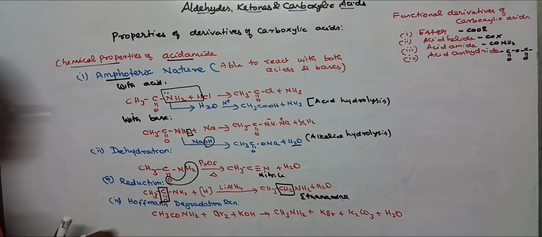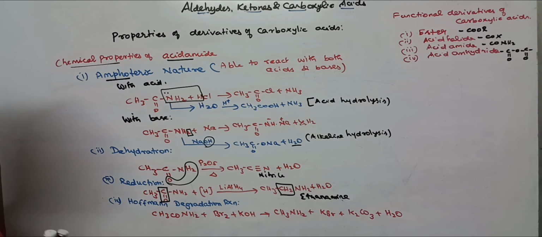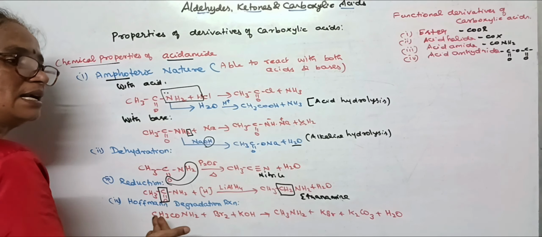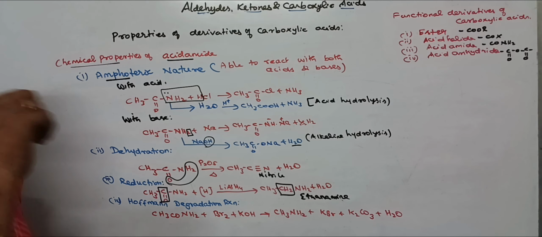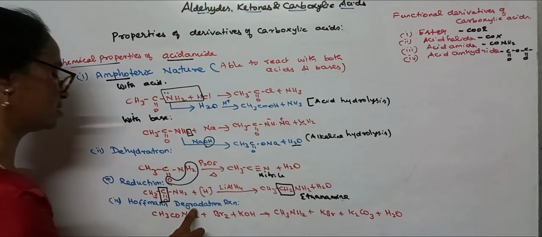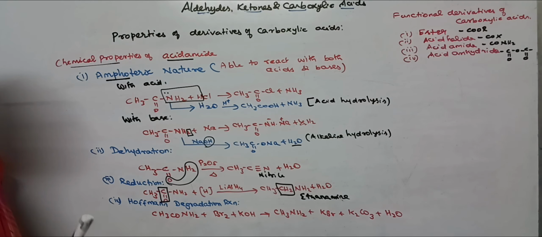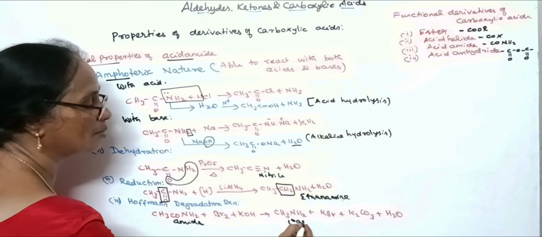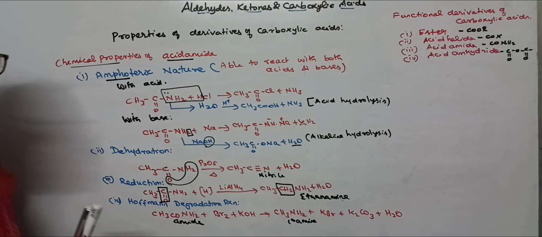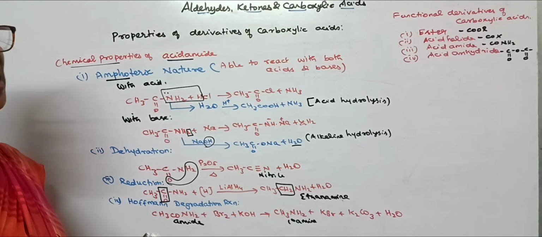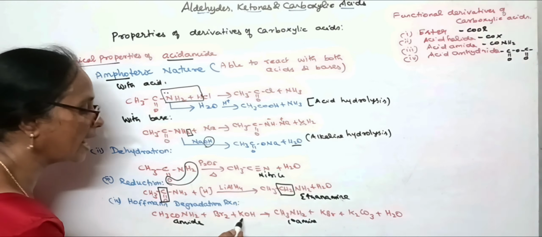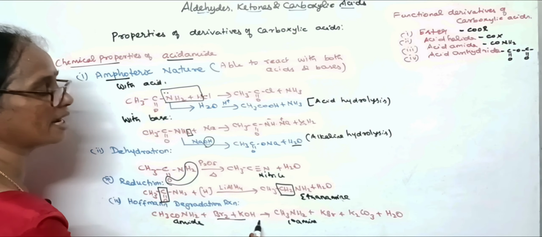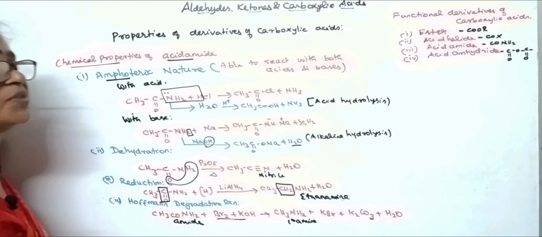The last one, Hoffmann degradation reaction. Degradation means when you compare the number of carbons in the product and the reactant, you find a decrease of one carbon. That's why the reaction is said to be a degradation reaction, in which amides are converted into primary amines. The reagents are bromine with potassium hydroxide, where KBr is removed as potassium bromide, and the CO group with the KOH is removed as potassium carbonate.